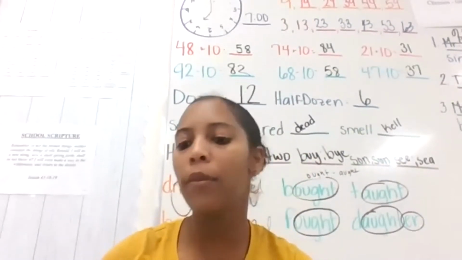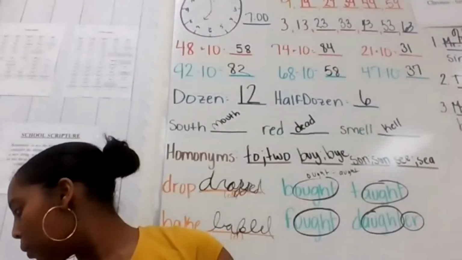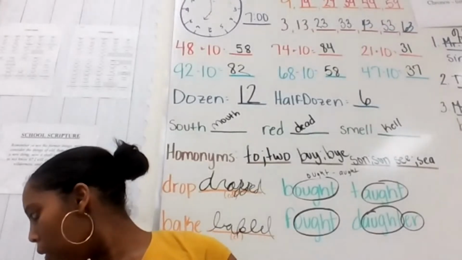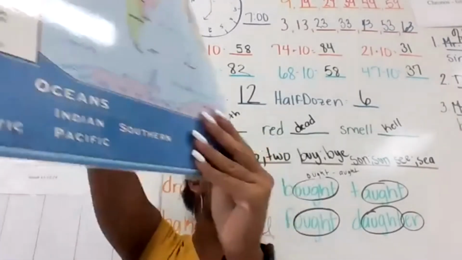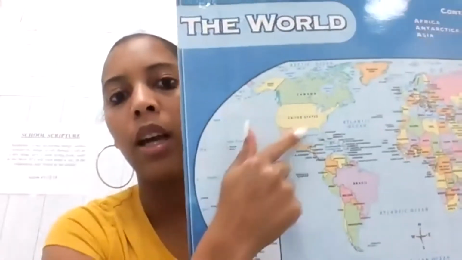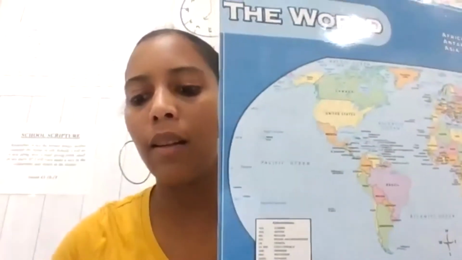All right, so we are moving on to our next country. So we went to Mexico, we went to Canada, which are all located in North America. Here's all of North America. And we visited Canada to the north and Mexico to the south. That's where we were last week.